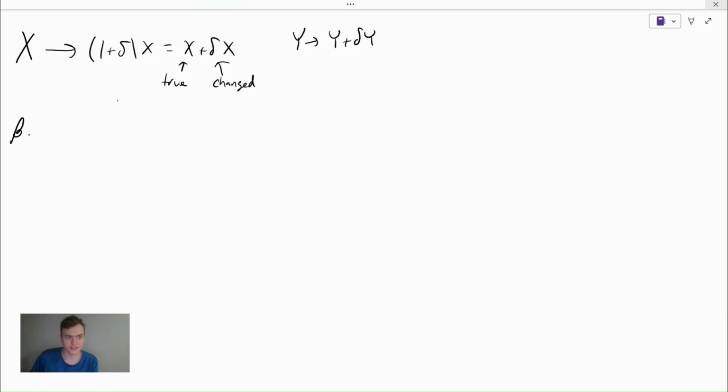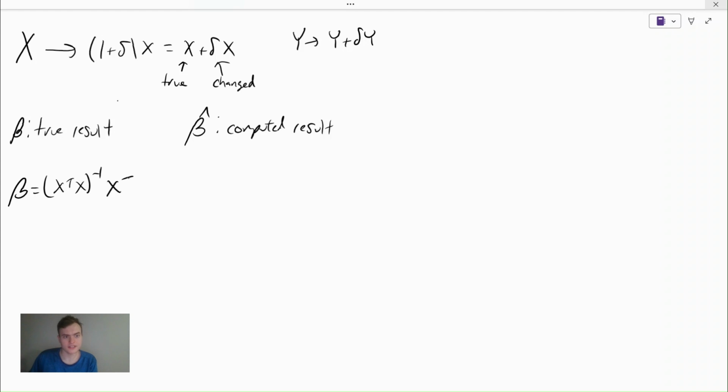So let's let beta be the true result and beta hat be the computed result. So if we're using the normal equations, then beta equals (X^T X) inverse X^T y, and beta hat is using that equation on the perturbed X and y.